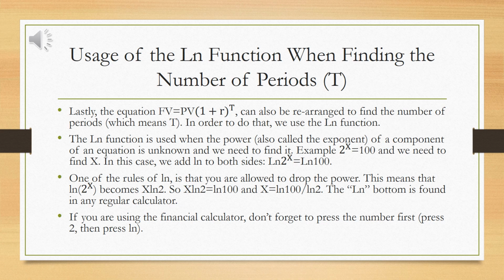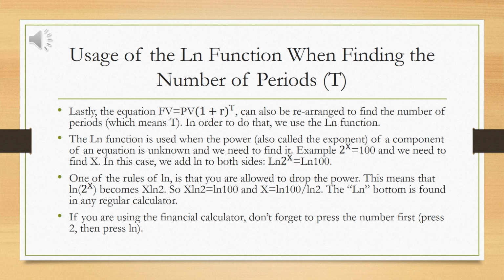Ln 2 to the x equals ln 100. One of the rules of ln is that you're allowed to drop the power. This means that ln 2 to the x becomes x ln 2. So x ln 2 equals ln 100 and x equals ln 100 over ln 2.